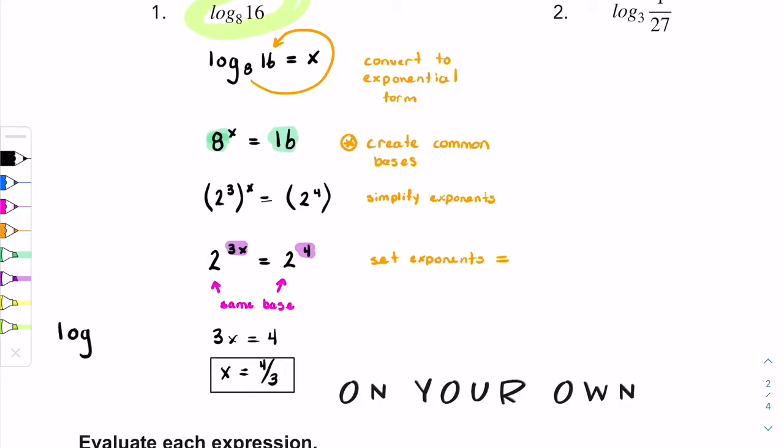That means we know that log base 8 of 16 is equal to 4 over 3. We solved for 4 over 3. We know that's equal to x. X is what our logarithm equals. So you can write this in log form, and you should be writing it in log form. So our final answer is log base 8 of 16 is equal to 4 over 3.